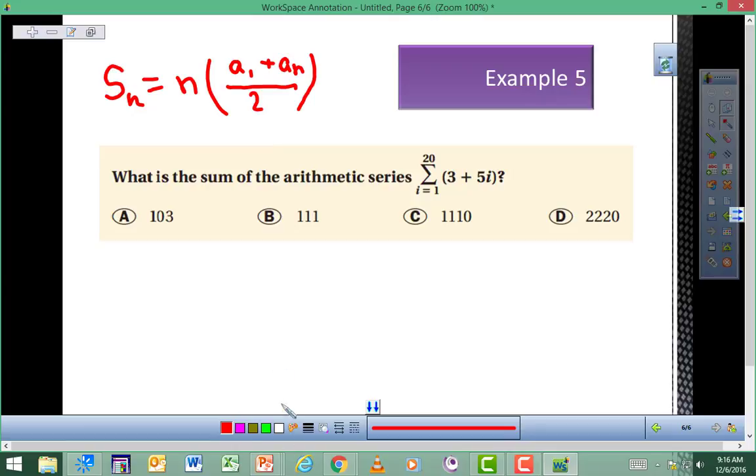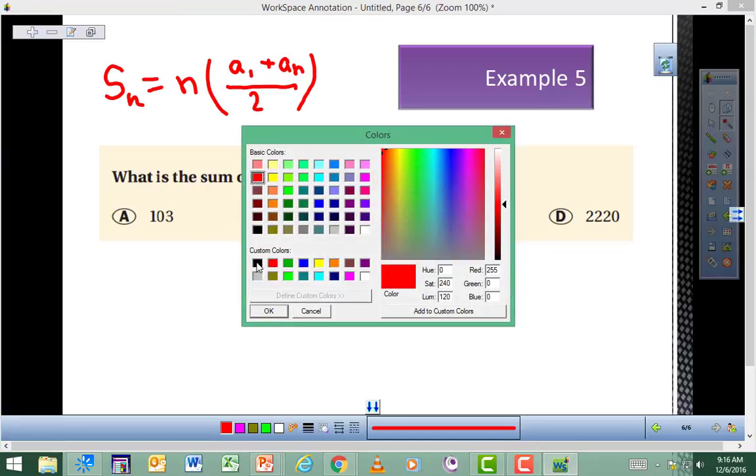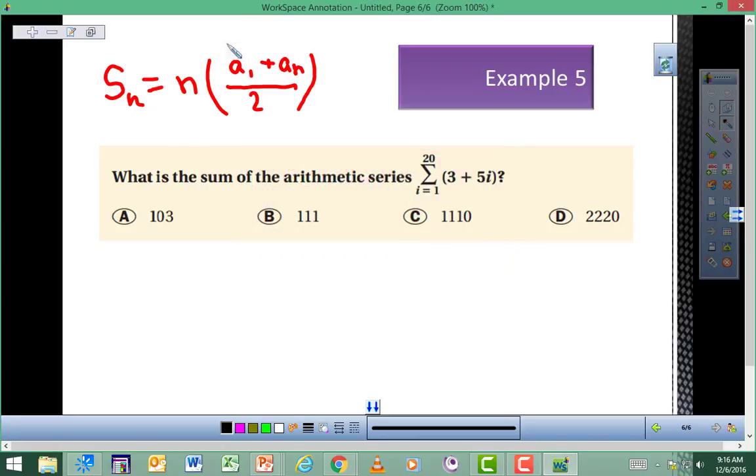Well, let me give you some tips here, okay? You guys ready for some tips? This one is the first term. This one in this case will be the last term. Can we figure those out? Yeah, we can, because this is our summation notation stuff.